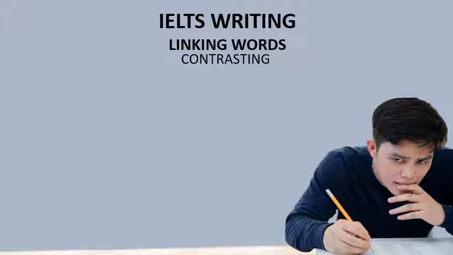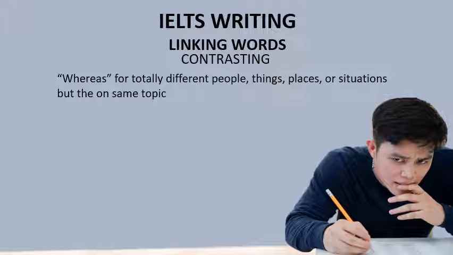Let's look at another linking word that we can use for contrasting, and that is "whereas". "Whereas" compares totally different people, things, places, or situations, but on the same topic. We can't use the Fred example.